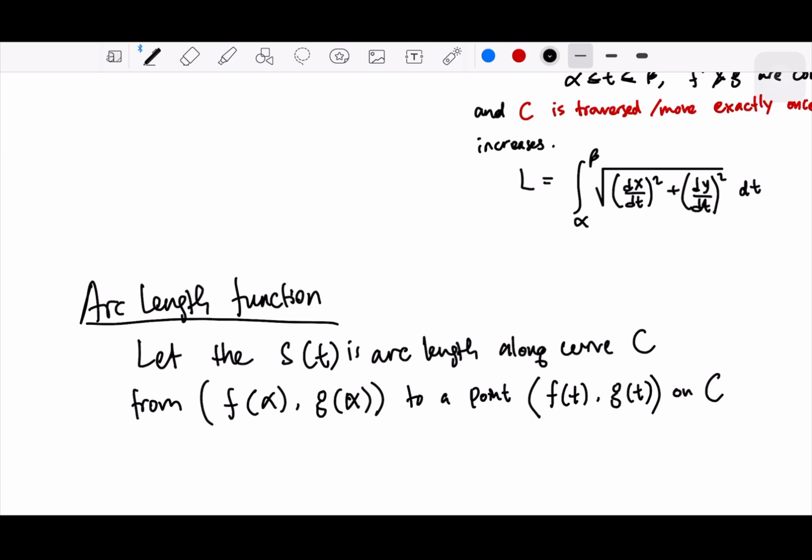And then we usually use t. And we can relate also to the fundamental theorem of calculus, right?